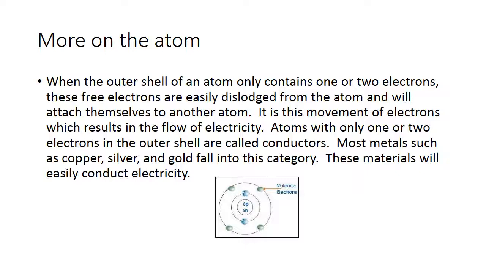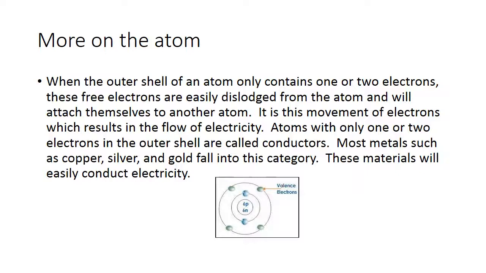So if you have an atom that only has 1 or possibly 2 electrons in its outer shell, these are easily dislodged from the atom, and what happens is they'll become free and they'll find another atom to attach to. And it's this movement of electrons which actually results in the flow of electricity. So when we're talking about electricity flow, we're actually talking about the force that's created from the movement of electrons from one atom to another.